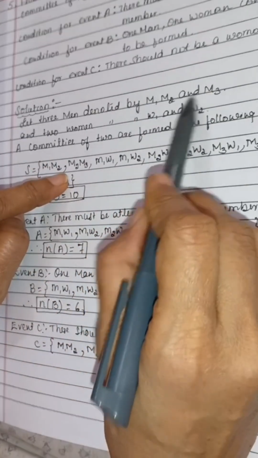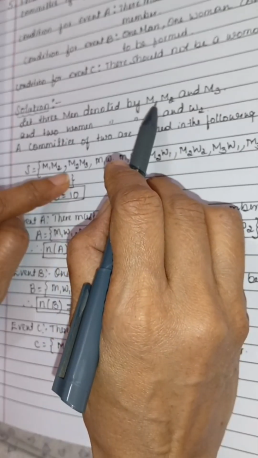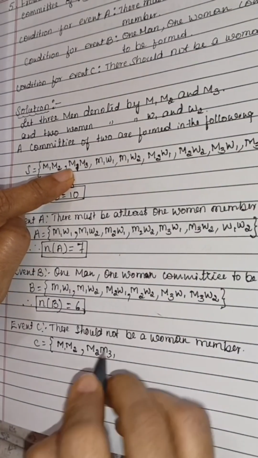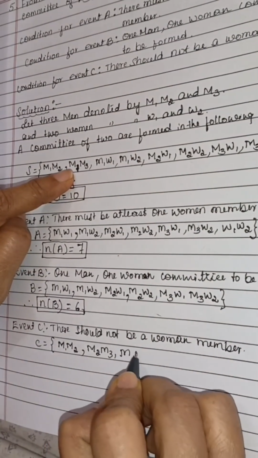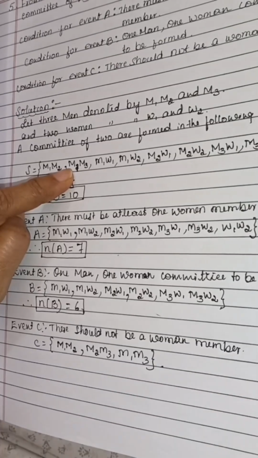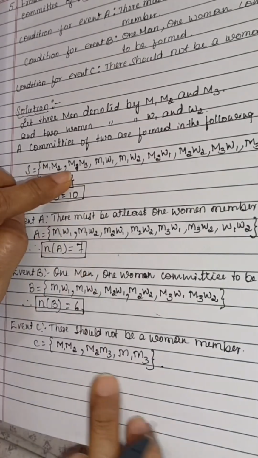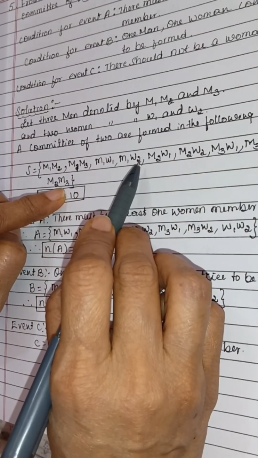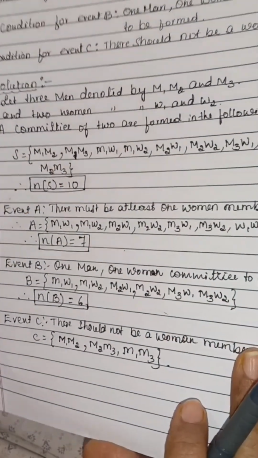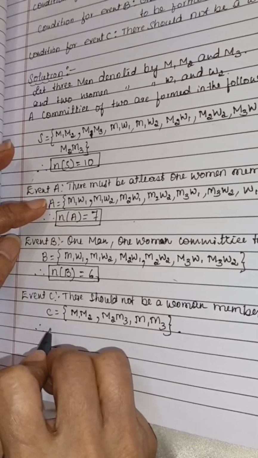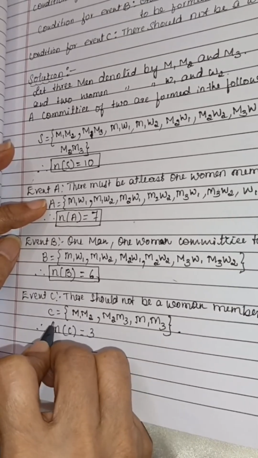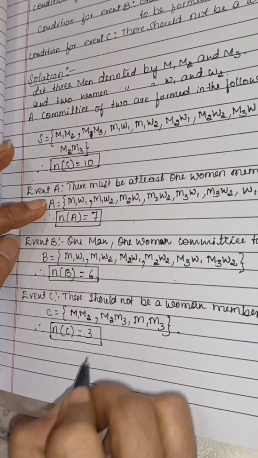M2, M3 is already written here. So this should be M1, M3. That's it: M1, M2, M1, M3 and M2, M3. The rest all have the element W, woman. So only 3. Therefore, n of C is 3.